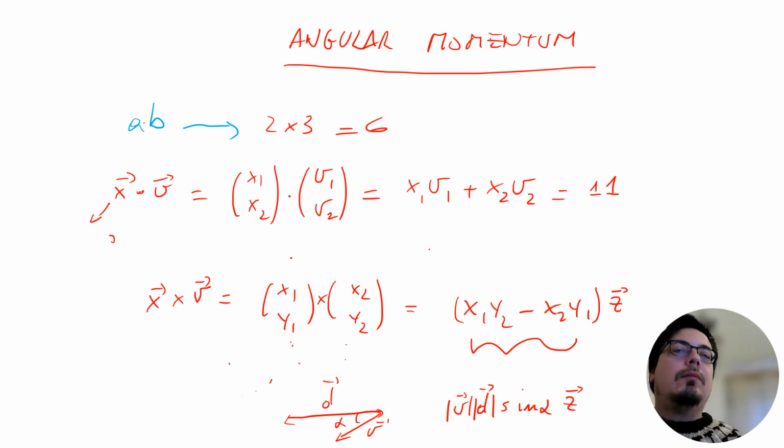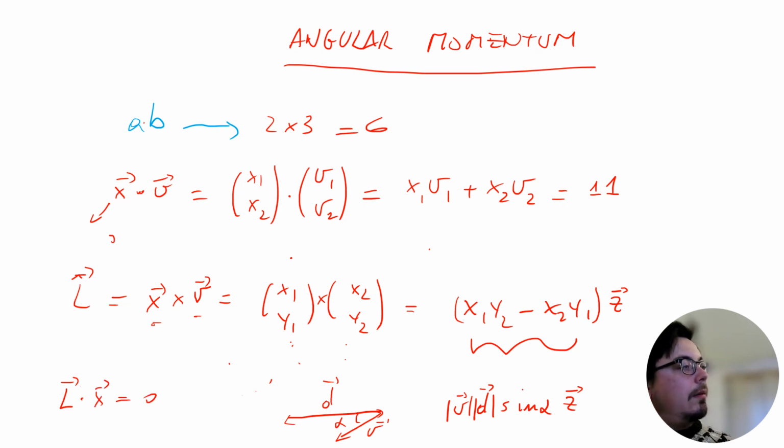The important thing is that it's not a scalar, it's a product that creates a vector, and the vector is orthogonal to the ones that you put here. So for angular momentum, the scalar product of the vector L times x will be 0, and the dot product of L times v will be 0. So they are orthogonal.